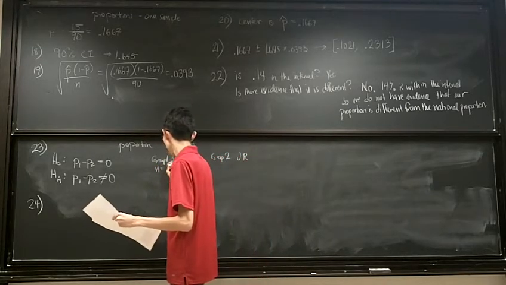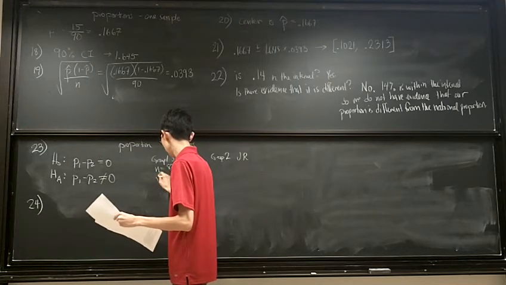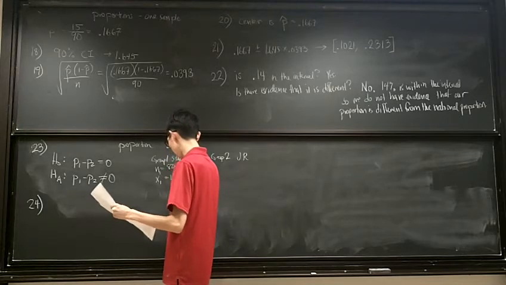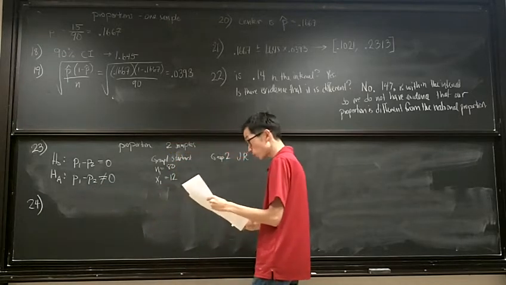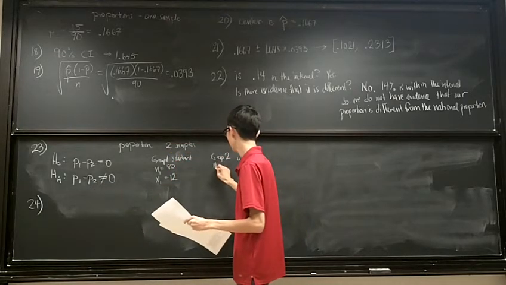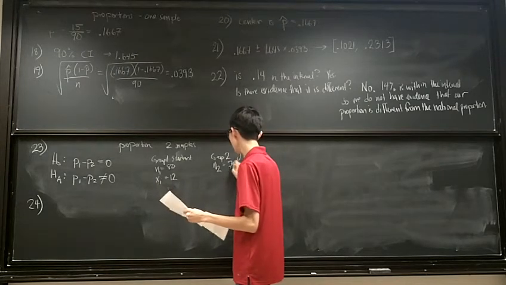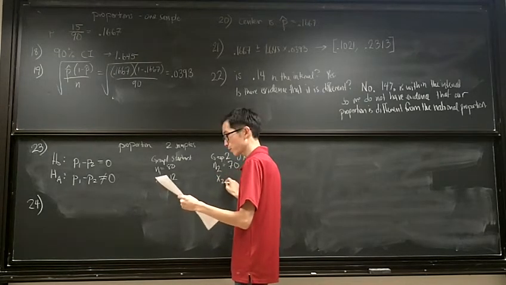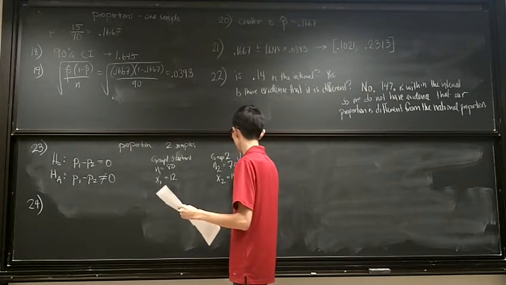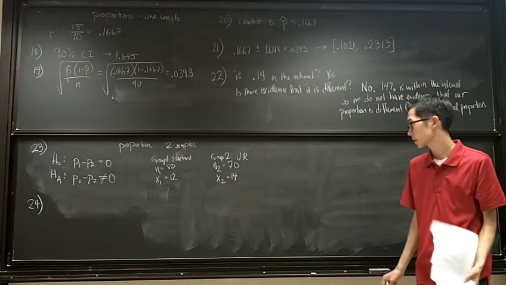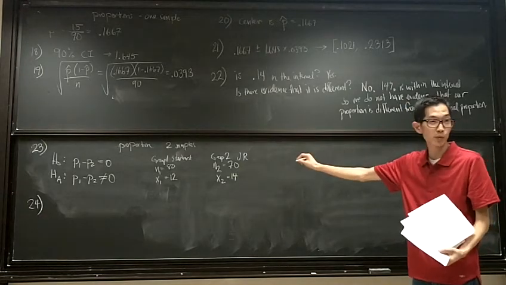Here my n is 80, and the number of cherry candies is 12. And over here, the number of candies is 70, and the number that are cherry flavored is 14. So this is just data straight from the problem.